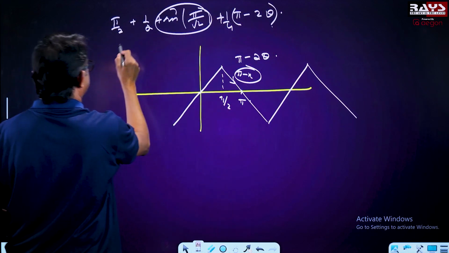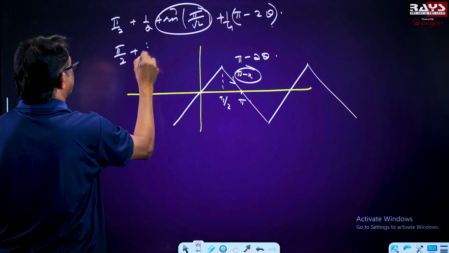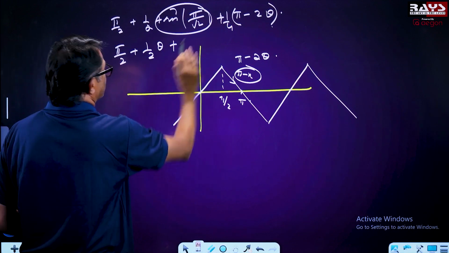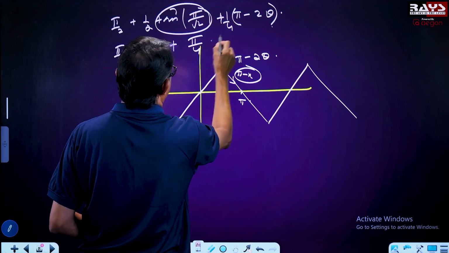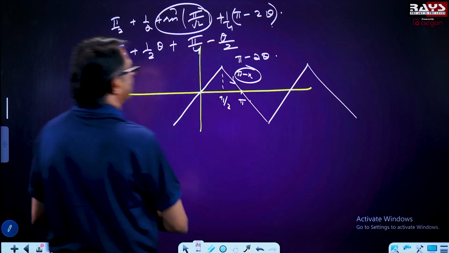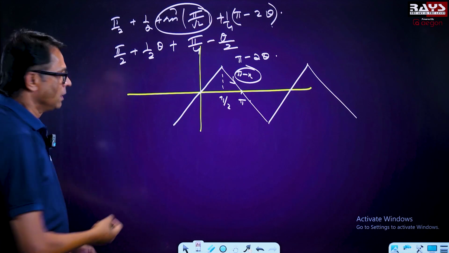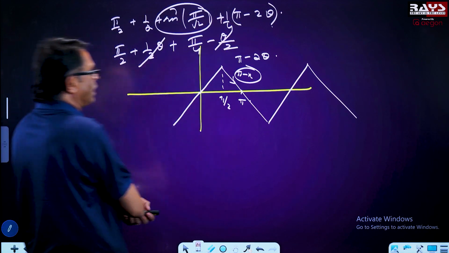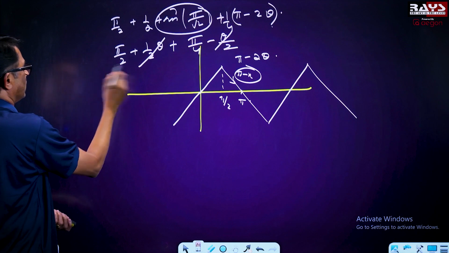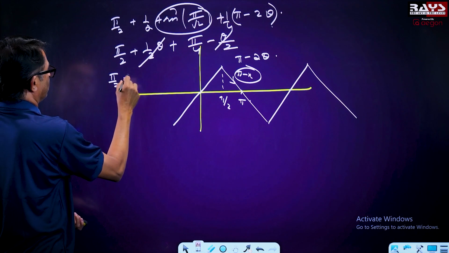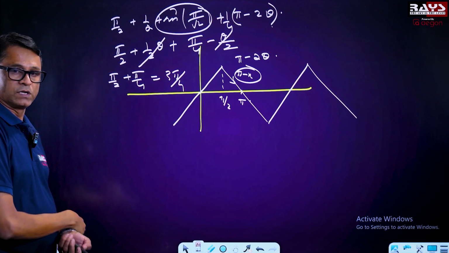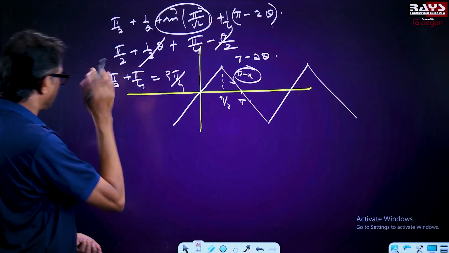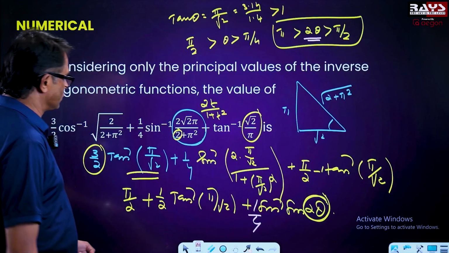And tan inverse pi by root 2 is theta. So we can write pi by 2 plus half theta plus, multiplying the 1 by 4 inside the bracket, pi by 4 minus theta by 2. Am I right? So half theta cancels, and you will be getting pi by 2 plus pi by 4, that is 3 pi by 4. So 3 pi by 4 is the answer to this question.